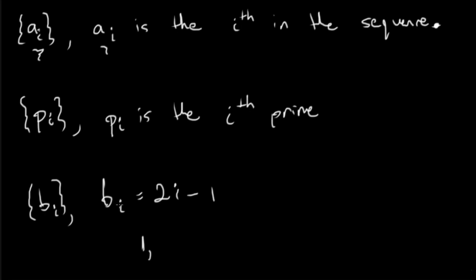And then the second element, b_2, is 2 times 2, which is 4, minus 1, which is 3. So this was b_1, this was b_2. b_3, let's plug in 3: 6 minus 1, that's 5. And so on and so forth. So there's two notations for you. You can describe it using words, or you can describe it using an explicit rule.